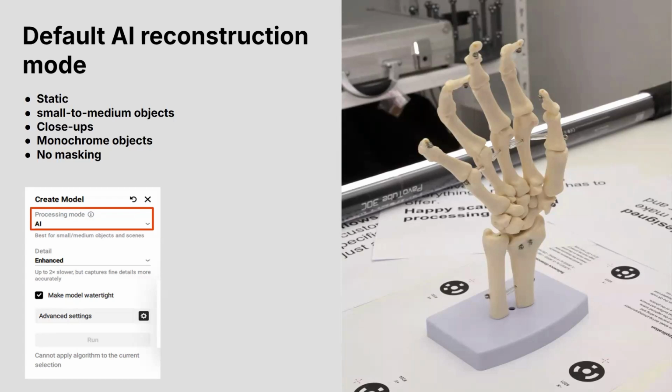As I've mentioned before, here we don't use masks, so your object will be reconstructed with the surroundings, and later on you could trim them easily in Artec Studio and optimize your model. We'll go through this as well.